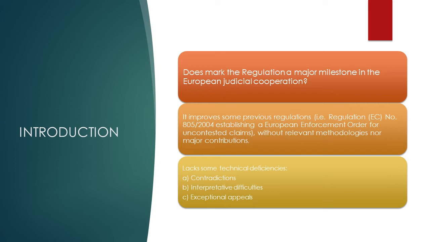But on the contrary, the introduction of exceptional appeals, as I said before, does scale down a little bit the expectation. Something swift, something foreseen to speed up the claimants of outstanding debt shouldn't be that easy to challenge.